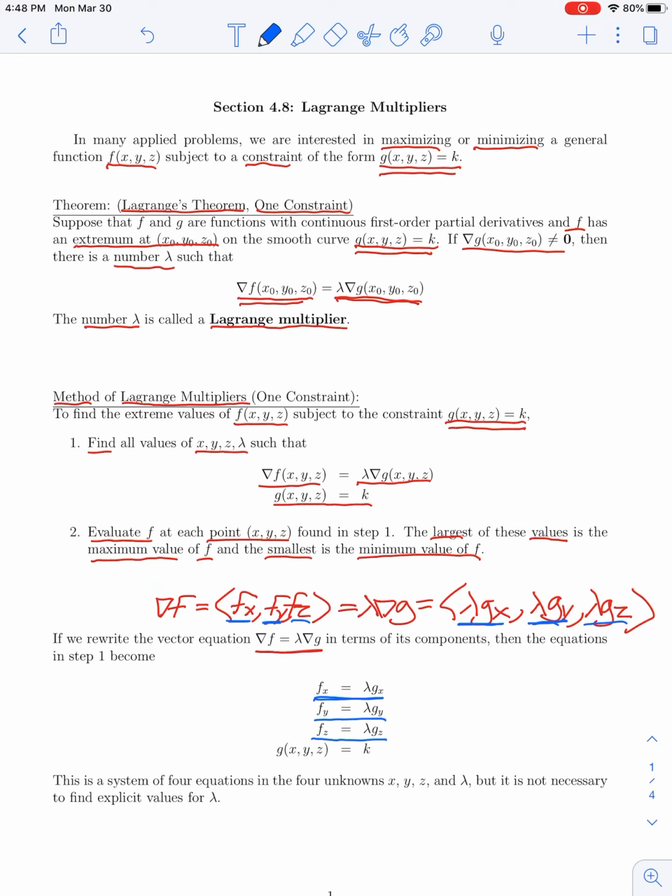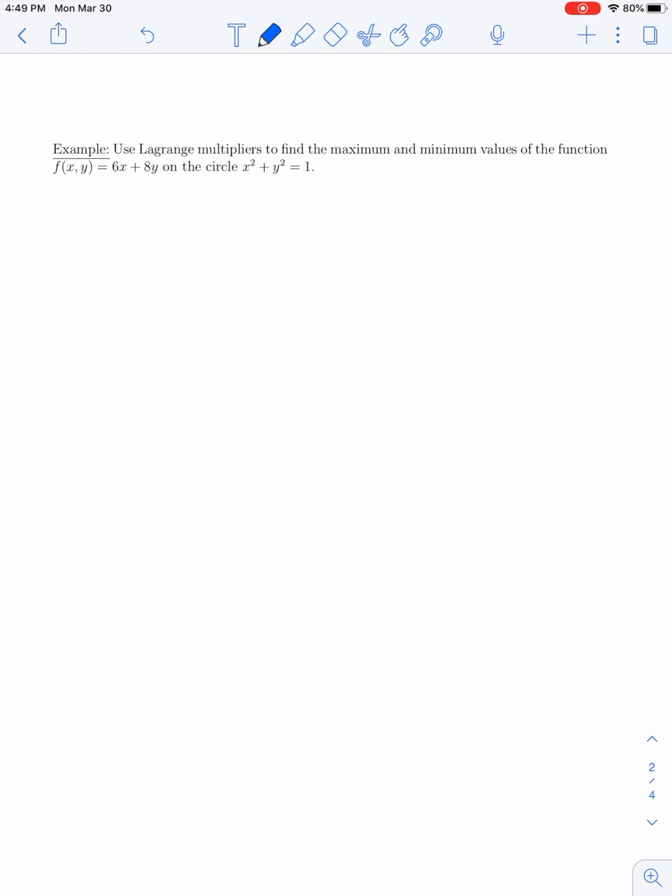And for the last components to be the same, the partial derivative of f with respect to z is equal to lambda times the partial derivative of g with respect to z, and then we still have that constraint equation where g has to be equal to the given constant k. So here we have a system of 4 equations and 4 unknowns, x, y, z, and lambda, and we're interested in finding the points x, y, and z that satisfy those constraints.